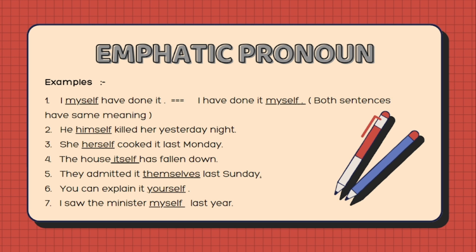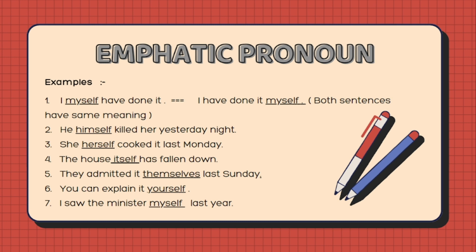Second example, he himself killed her yesterday night. He subject, killed main verb 2. The sentence is in past simple in active voice. Her object. The meaning of this sentence is no one forced him to kill her.